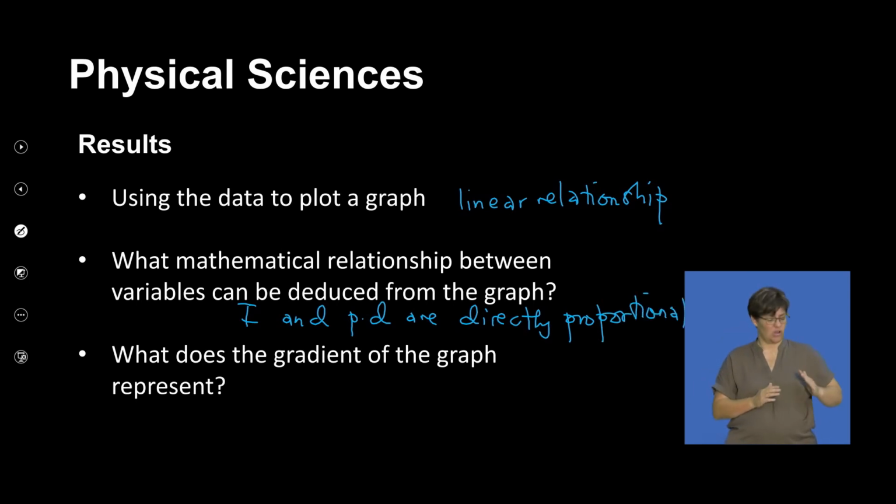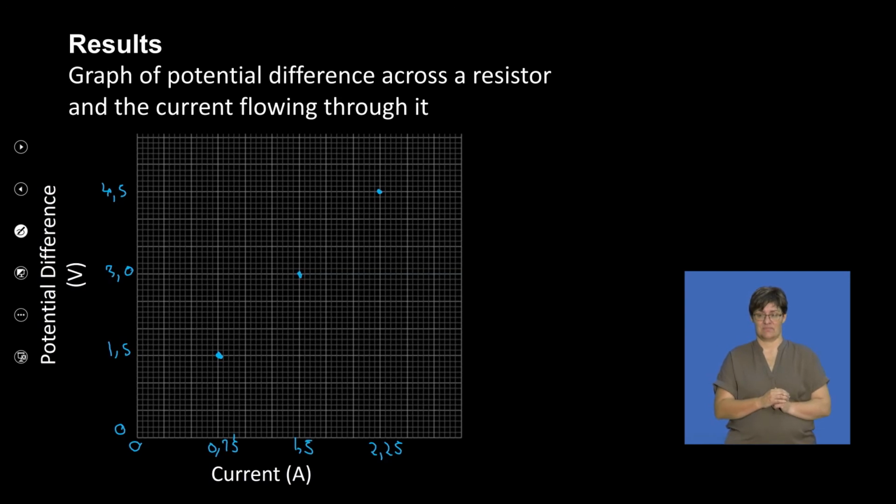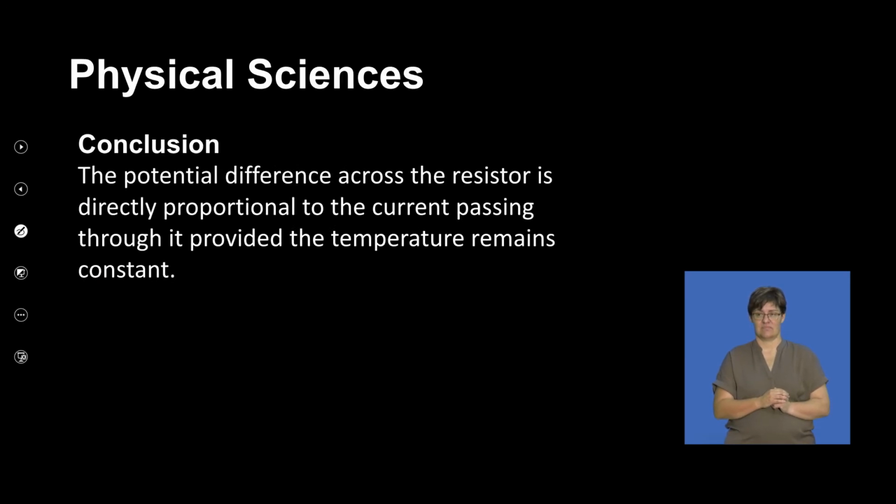The gradient represents the resistance, because the resistance is the ratio of voltage to current. It represents the resistance of the resistor concerned. In conclusion, the potential difference across a resistor is directly proportional to the current passing through it, provided the temperature remains constant.